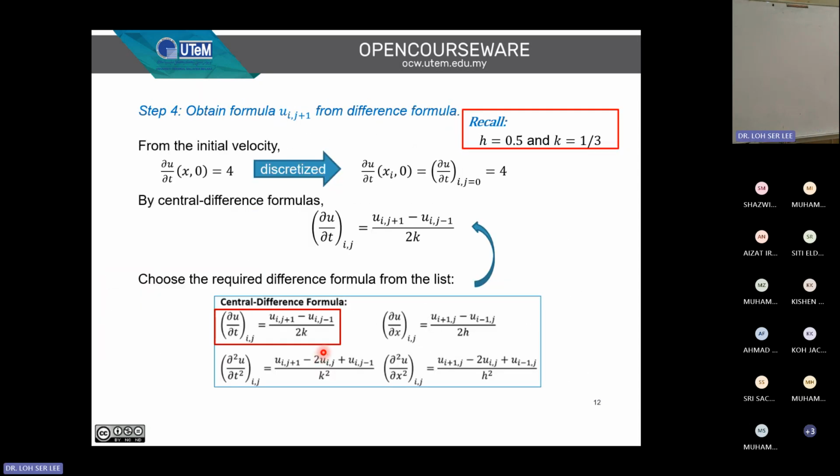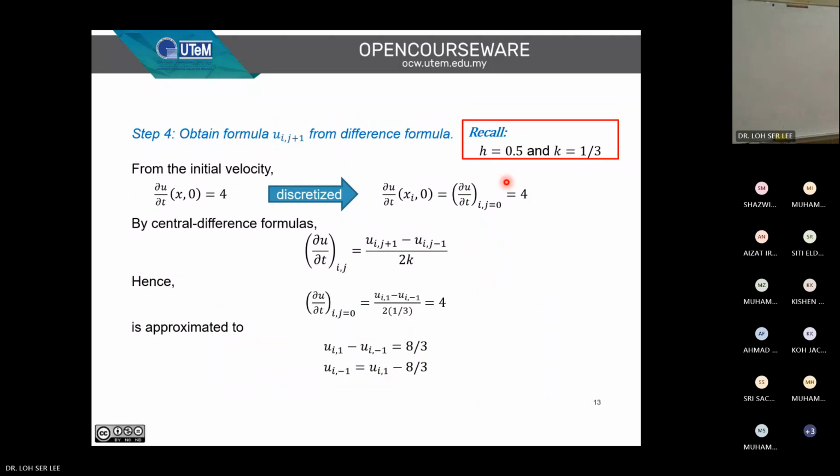So you take that formula, and it is equal to 4, where you substitute k is 1/3 and j equals 0. Given that j equals 0, you substitute j by 0. So you have u_{i,1} minus u_{i,-1}.